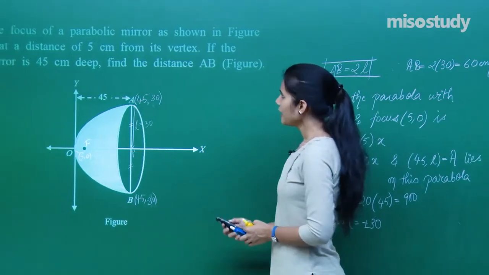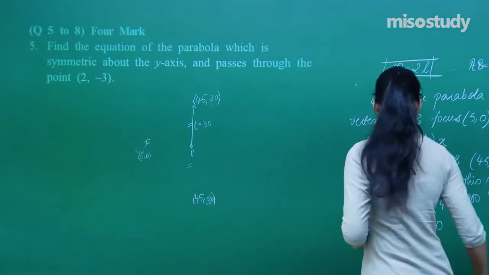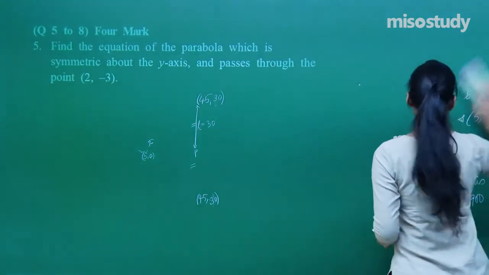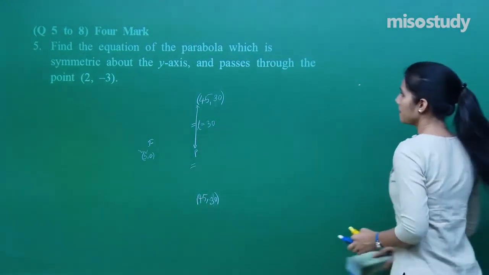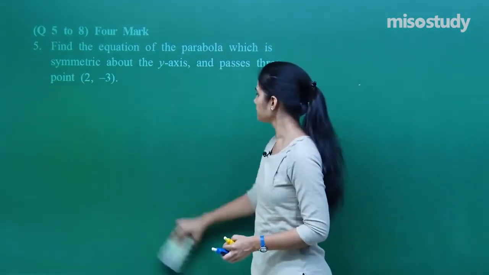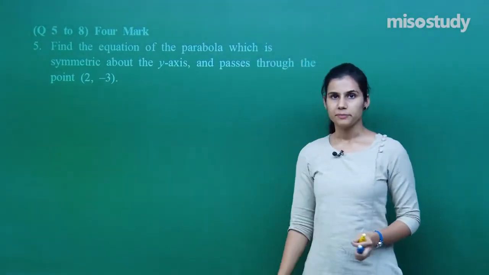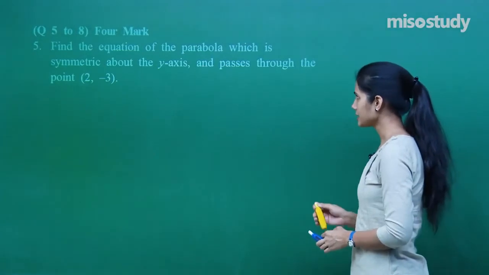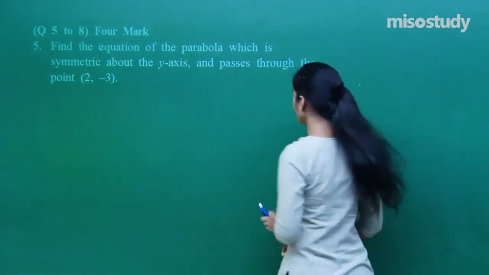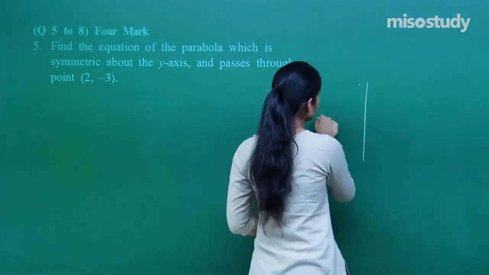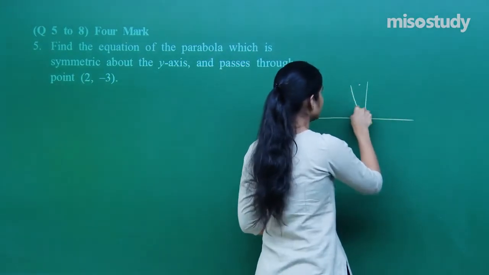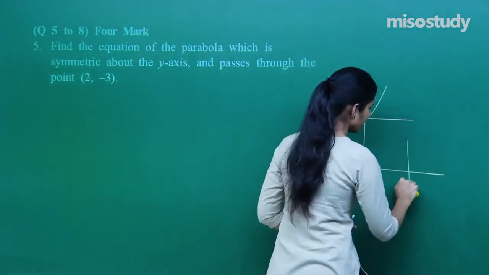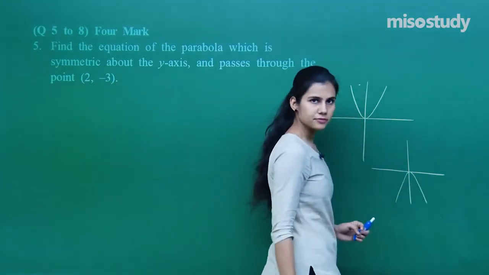Moving to the next, we have find the equation of the parabola which is symmetric about the y-axis and passes through the point 2, minus 3. What would that be? If the parabola is symmetric about y-axis, it can either be like this or it can be like this.